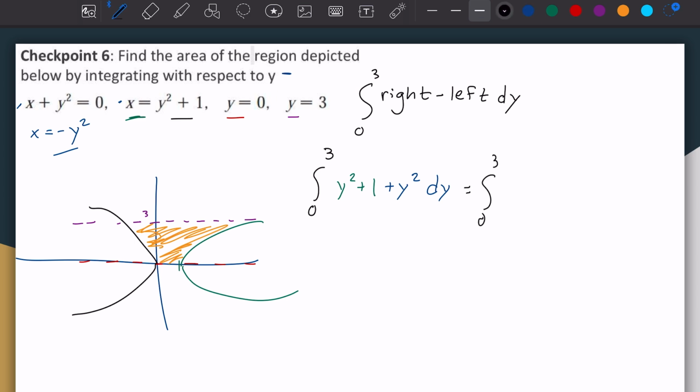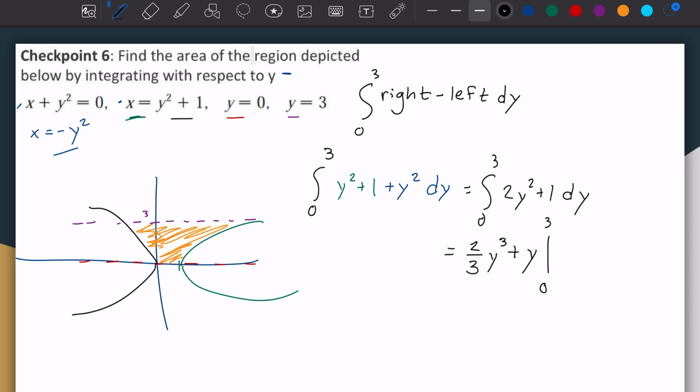So combine all of the terms: 2y squared plus 1 dy, and that's just going to be 2/3 y cubed plus y, 0 to 3.